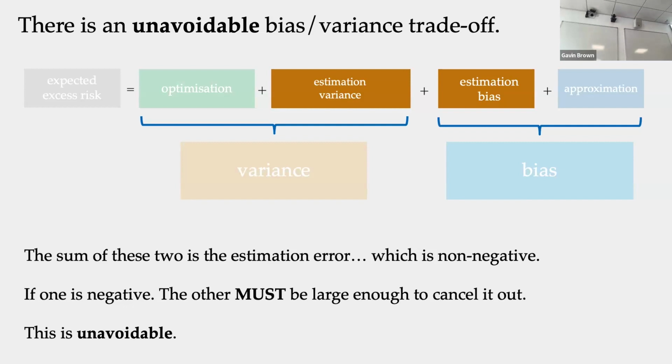The sum of these two brown boxes is a non-negative quantity. The right-hand one, the estimation bias, can go negative, as we saw on several occasions, and is quite easy to prove. Once that one is negative, the other one is constrained to be at least as positive in order to have the overall sum being non-negative. And it turns out that it often goes even further. So there is an unavoidable trade-off between these two terms.